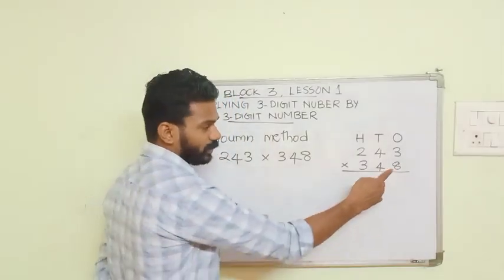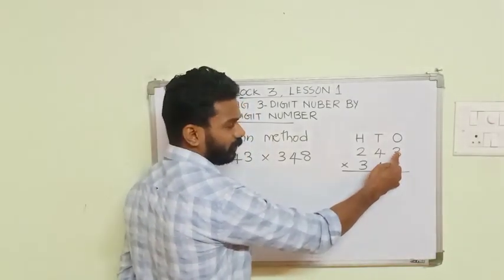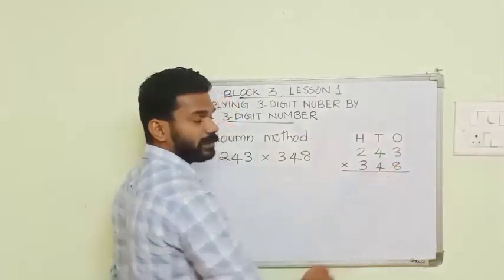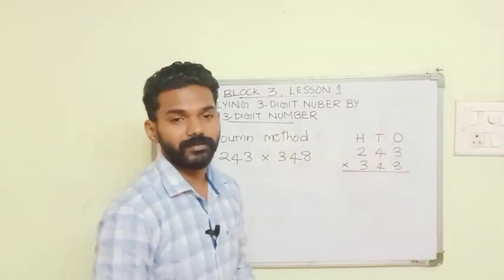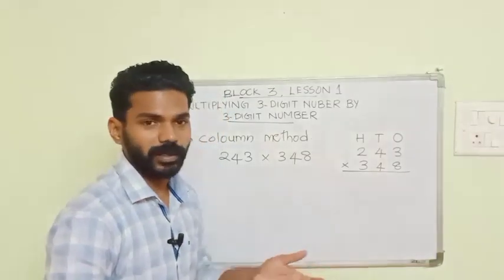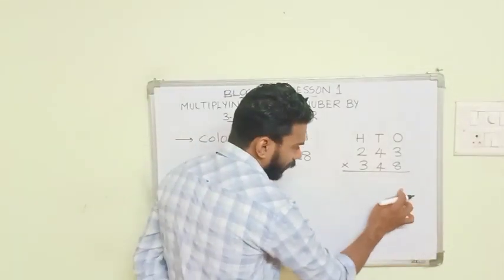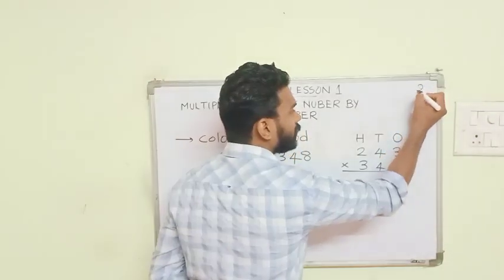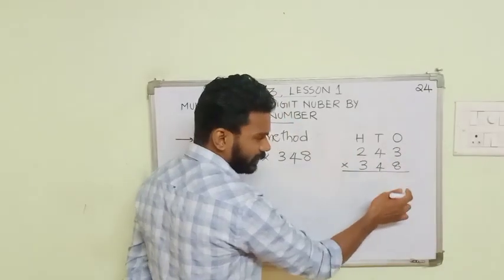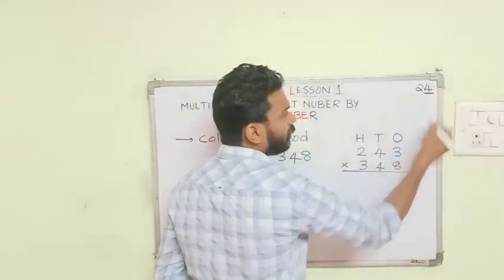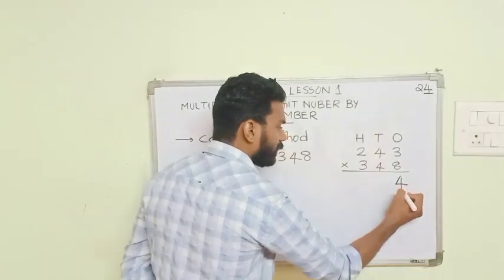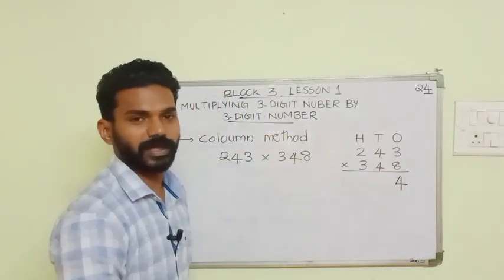First of all, we need to multiply that 8 with the ones place digit, which is 3. 3 8s or 8 3s are 24. And for 24, just below this ones place, we will be writing only that 4, and here comes the regrouping.